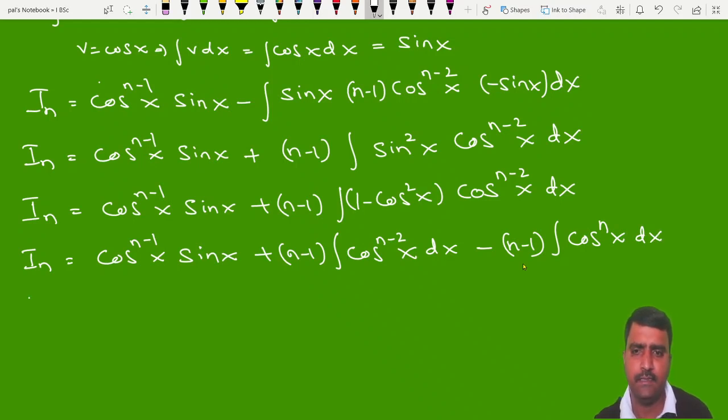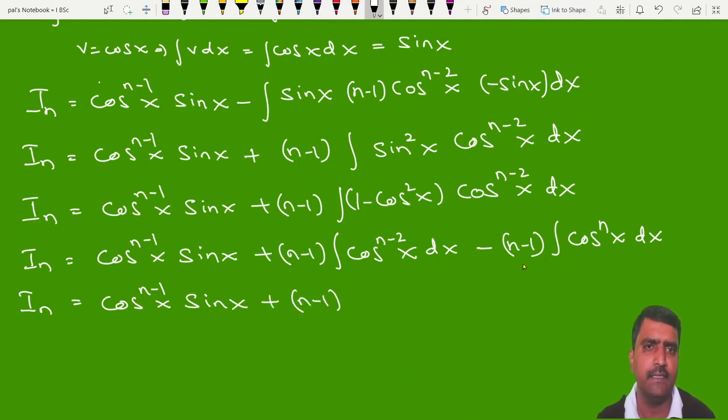So now I n is equal to cos to the power n minus 1 x into sin x plus n minus 1 into, you can write this as I n minus 2, because I n means integration of cos to the power n x. So integration of cos to the power n minus 2 x can be written as I n minus 2.